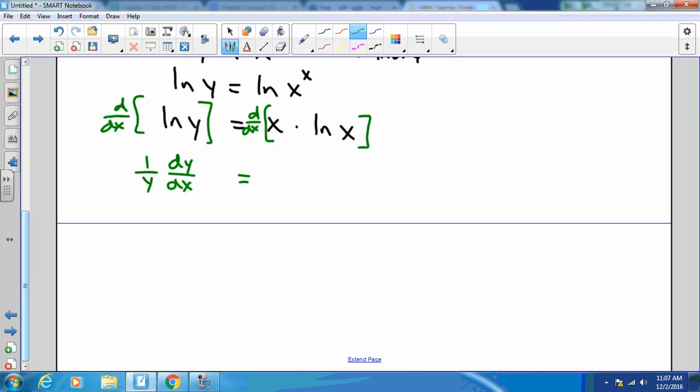On the other side, I've got a product, so product rule is in order. First times the derivative of the second, plus the second times the derivative of the first.